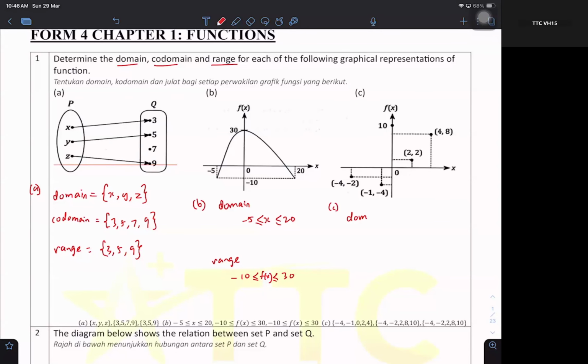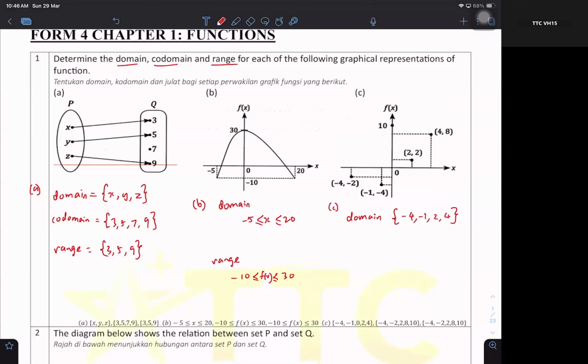Question C, the domain, again same. Domain is the x. So you see this picture, the x is -4, -1, 2, 4. But you must put the special brackets.